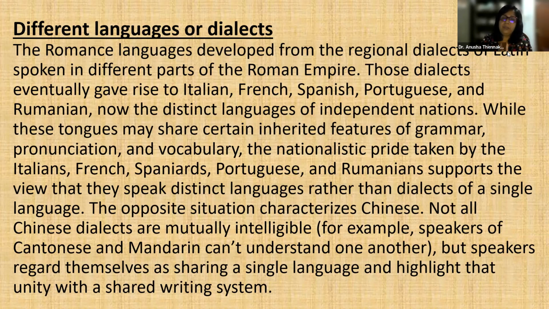Two persons talking two dialects cannot understand anything. But speakers regard themselves as sharing a single language and highlight that unity with the shared writing system. So in China, there are many dialects, but they all consider they are talking one language, which is famously known as Mandarin, because they have one single writing system.